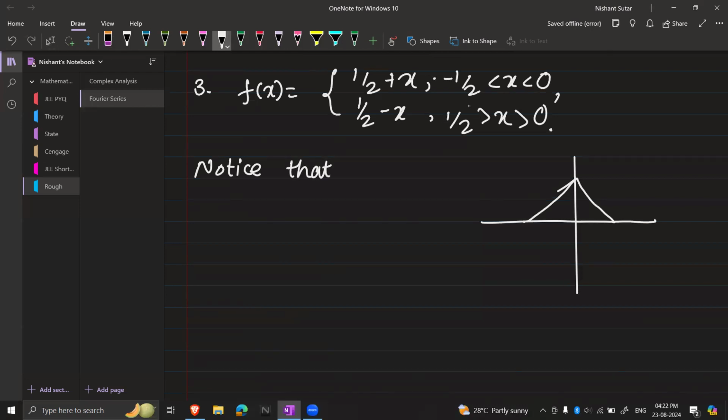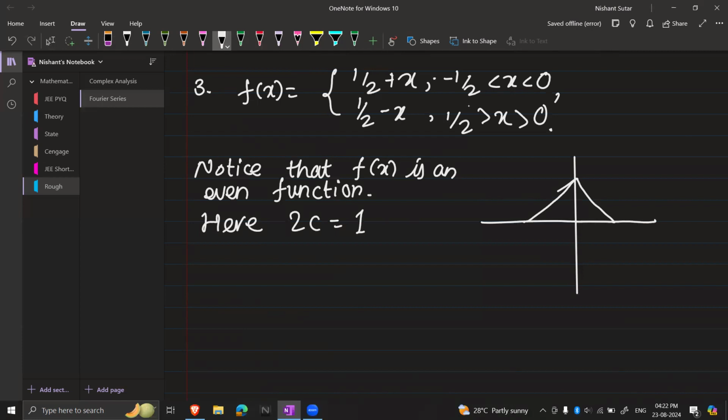Notice that f of x is an even function. Here 2c is 1, whole period is 1, so the value of c is half.